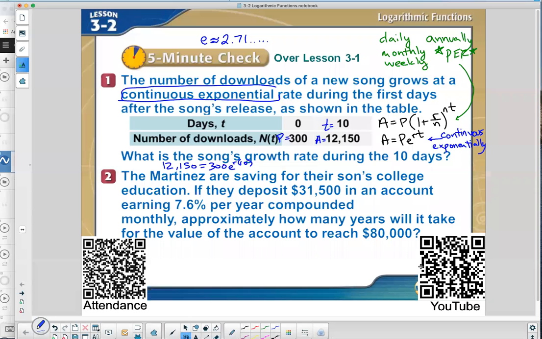So back on our problem, the answer to this problem would be a growth rate of 0.37. R equals 0.37, which is the same thing as 37%. That's your answer.